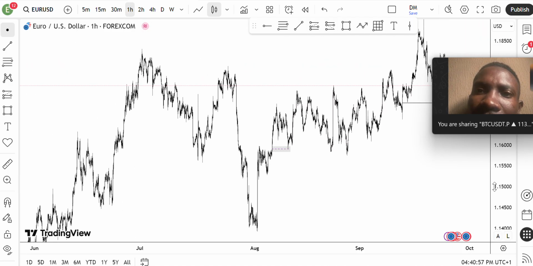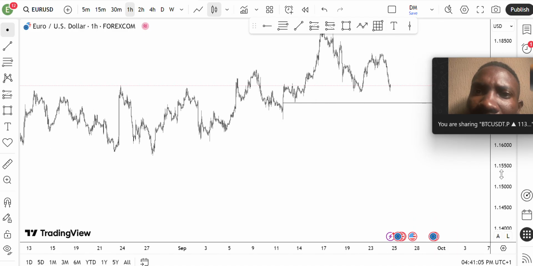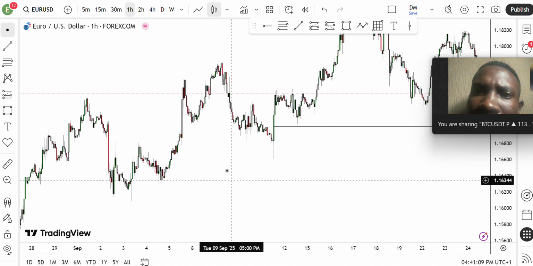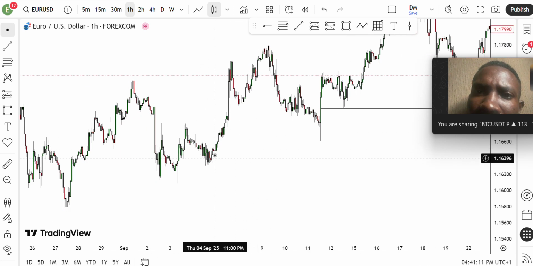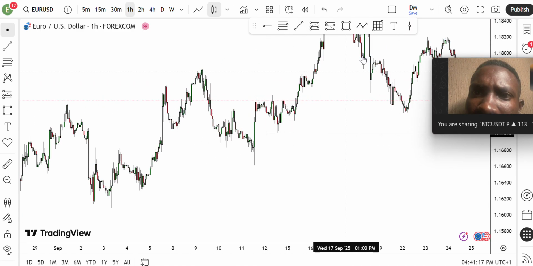Order block too, I think, can only be used once. You can't be using it twice. So it's only like when you see an area of demand, a demand that has been tapped: this one tapped into this, this one tapped into this. That is your demand zone.